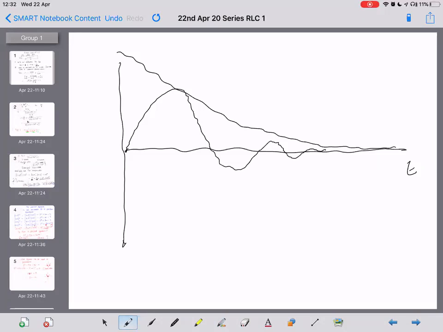So that's why you're not seeing a very fast decay. When we use more realistic component values another time, you'll see you do get a damped sine wave.